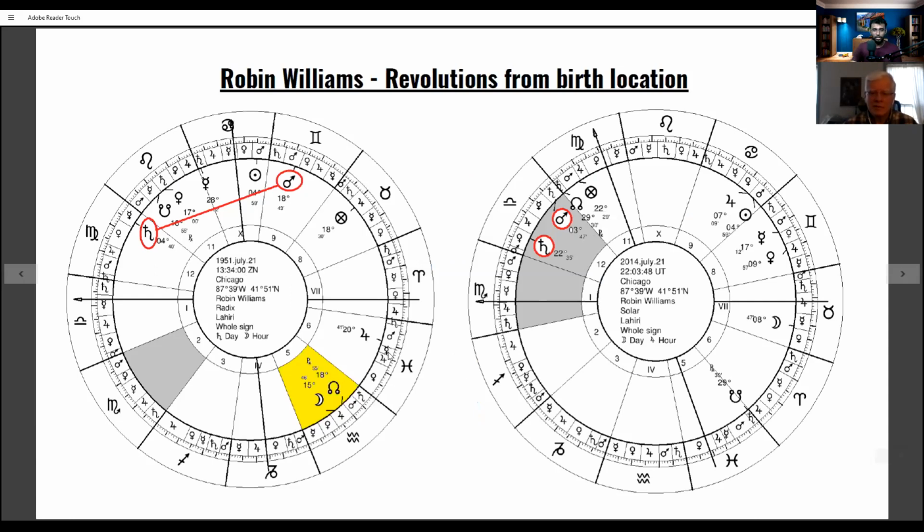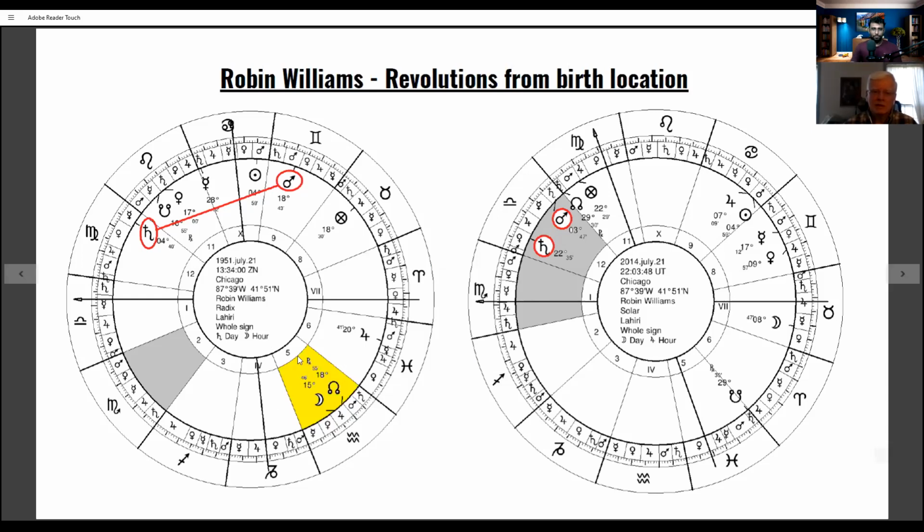We have Libra rising in the nativity, and we see that Libra has gone on to the 12th house in the solar revolution, which itself indicates some kind of an end. And here, the one in yellow, the 5th house is the profected sign of the year, Aquarius, and Saturn becomes the ruler of the year, or the profected ascendant lord.